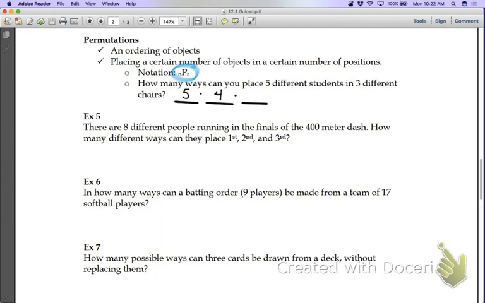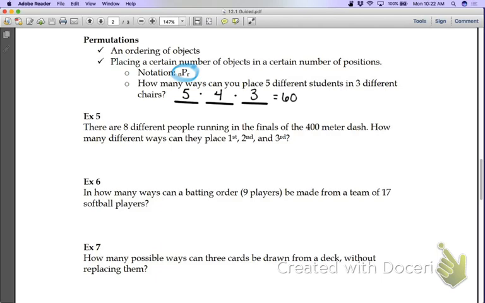And then what about the third chair? 3 different people. 2 people are left out. 2 people don't get a chair. Okay, if we're playing musical chairs. So 5, 4, and 3. So 60 different ways that we can rearrange this. That meaning one person has all the options as far as any chair.